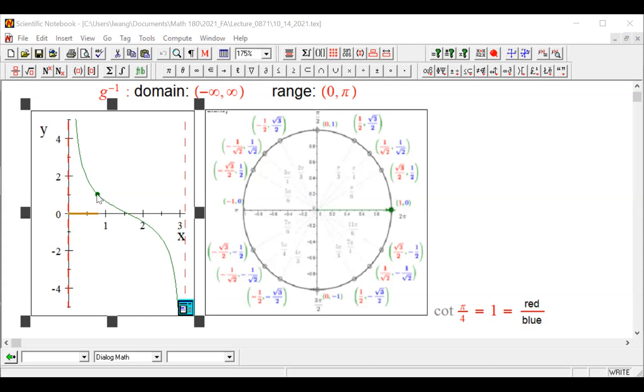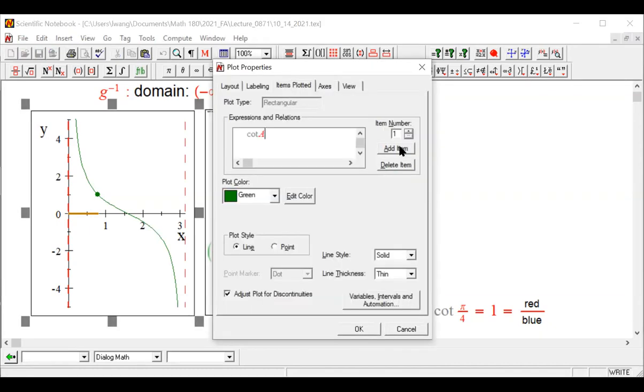And the ratio is a cotangent ratio. It's red divided by blue. So let's see what color I should use for that.